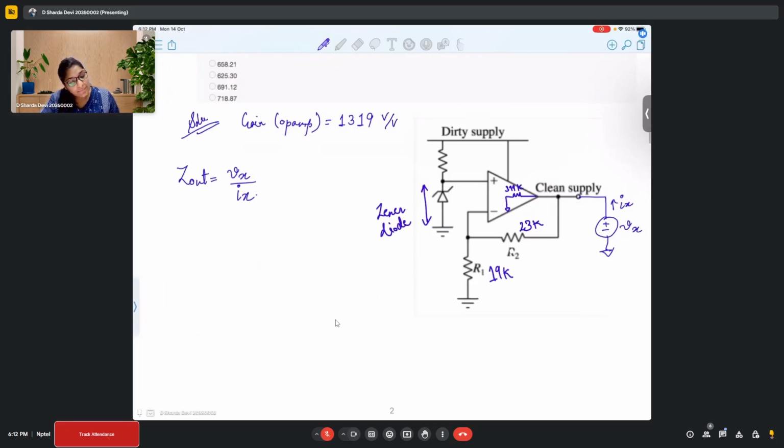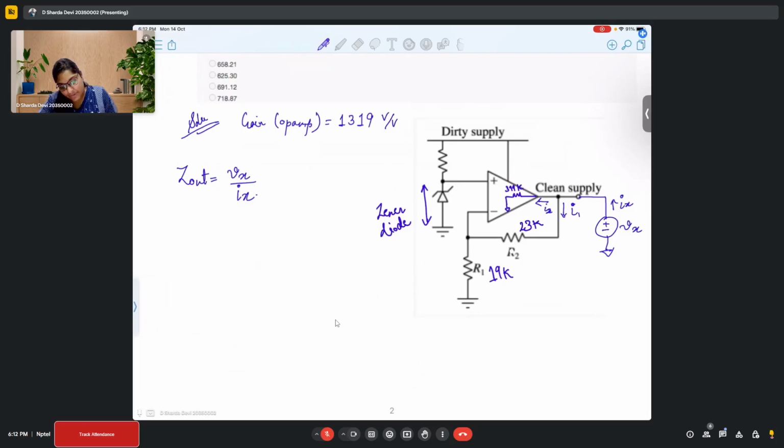Now here, if you observe very carefully, first of all, there is some input current going into the op-amp, and there is another current going through this path of R1 and R2. So let's say I name this one I1 and the other one I2.